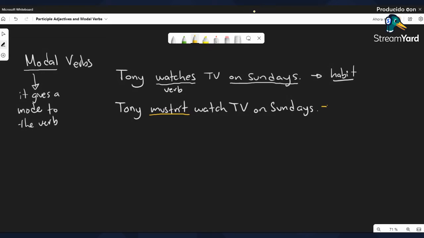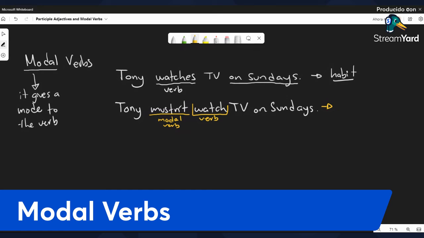Now the sentence changes its mode. The verb changes its mode. This is the same verb, watch, and in here I'm using a modal verb before it. And what happens with the sentence? It changes the mode of the verb. It changes the meaning of the verb.